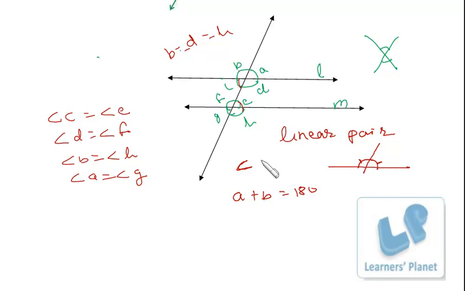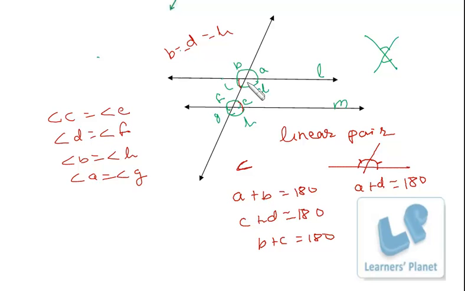Then angle C plus D is 180 degrees on the same line. Then B plus C will also be 180 degrees, and A plus D will also be 180 degrees. Similarly, F plus E, E plus H, H plus G, G plus F, all of them will be 180 degrees. So we call them linear pairs.